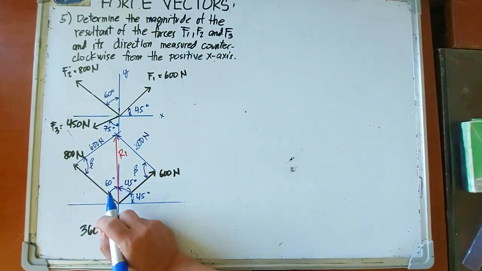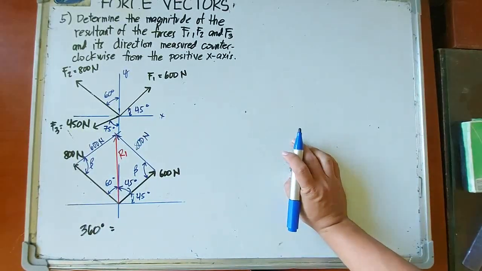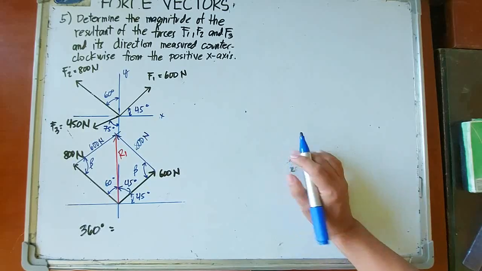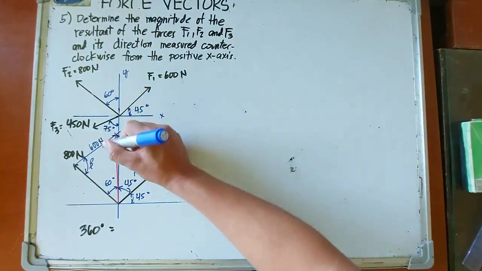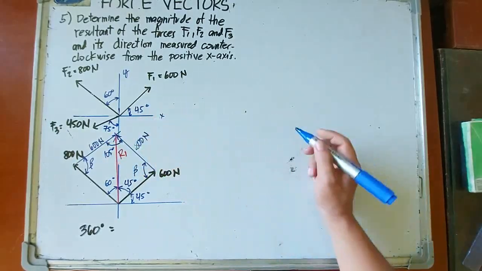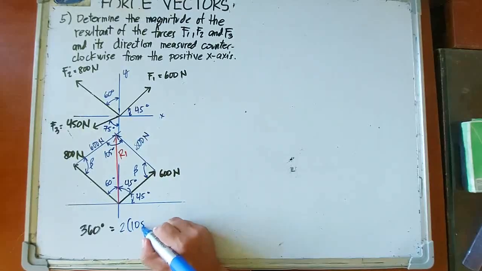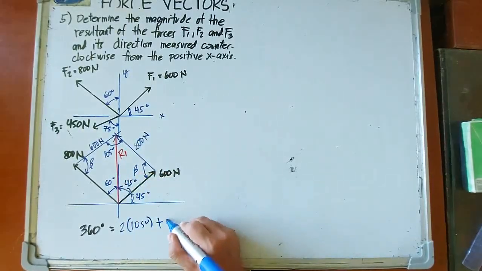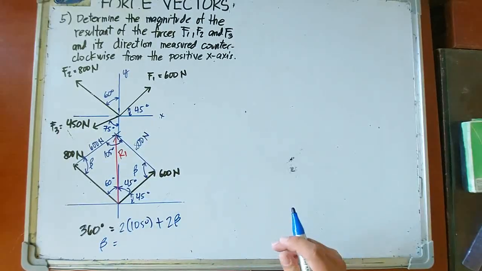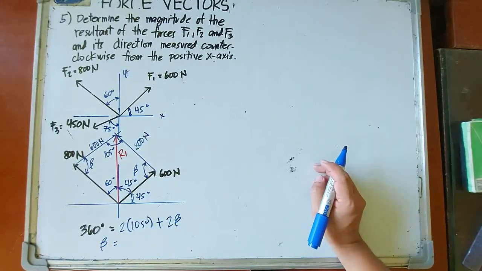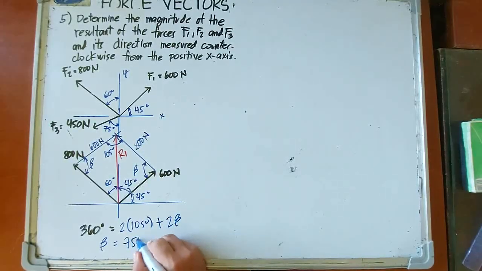Okay, so this is 60 plus 45, that is 105 degrees. Then this is also equal to 105 degrees. So we have twice of 105 degrees plus twice of beta. So beta is equal to 75 degrees.